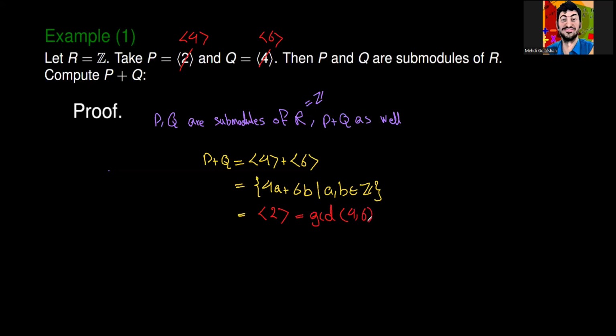One can check that this is nothing but 2, so it is the ideal generated by 2. So let's look at one more example.